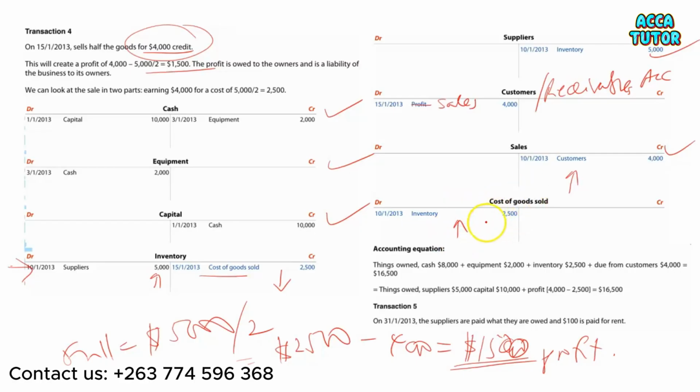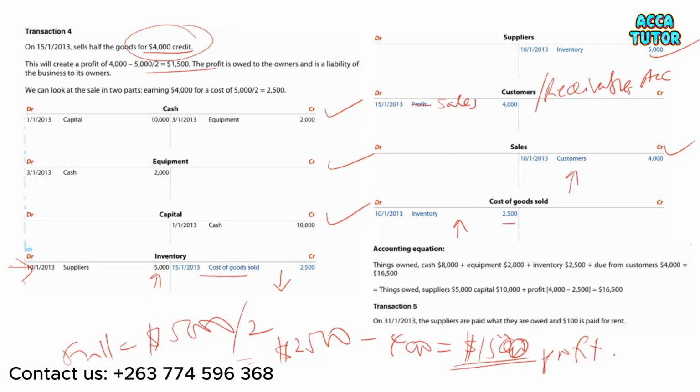So the cost of sales account, we are only increasing it by the inventory cost of 2,500. Remember, these were the items which were sold. So they were half of 5,000, which is 2,500.